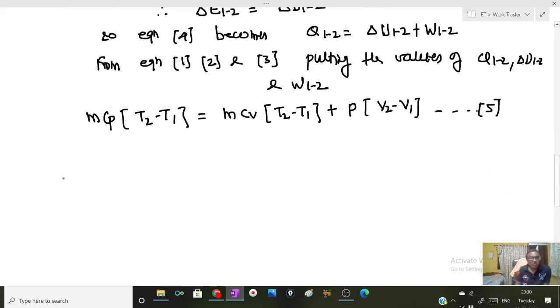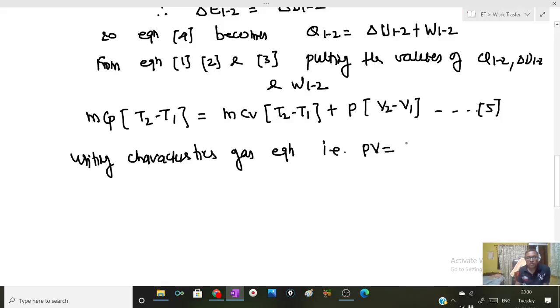Now writing characteristic gas equation, that is PV is equal to small mRT.